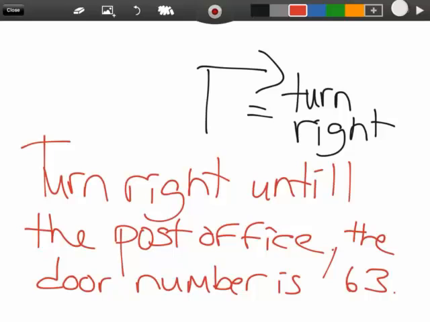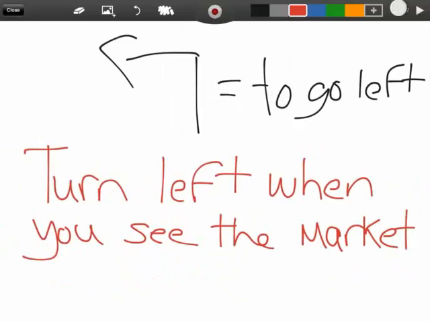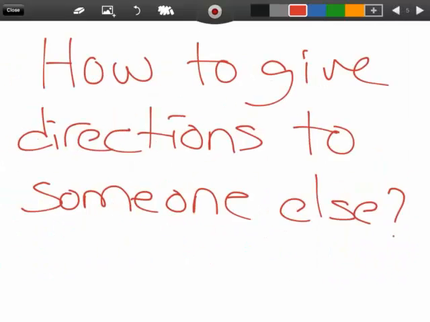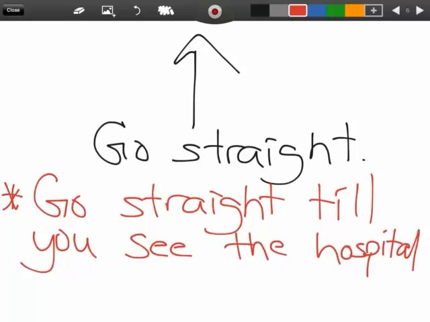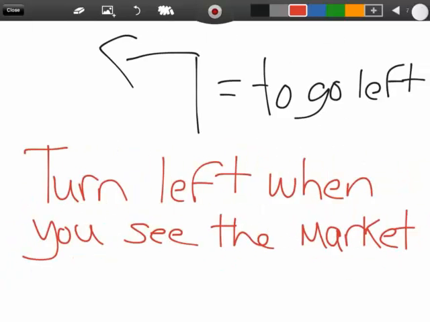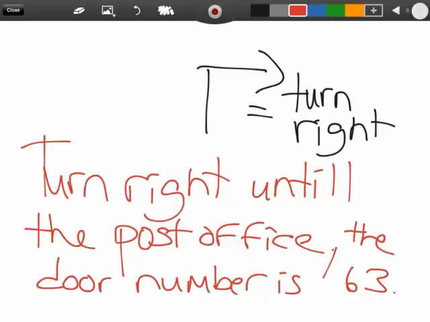The door number is 63. Now, these are the basic phrases used to give directions to someone else. You could say go straight, go left, or turn left, or you could say turn right.